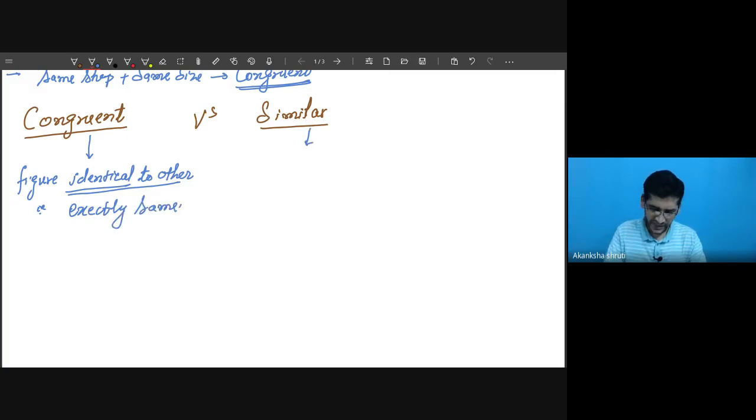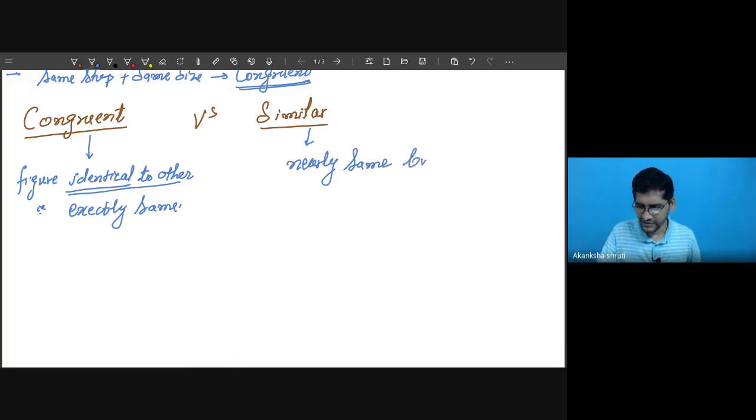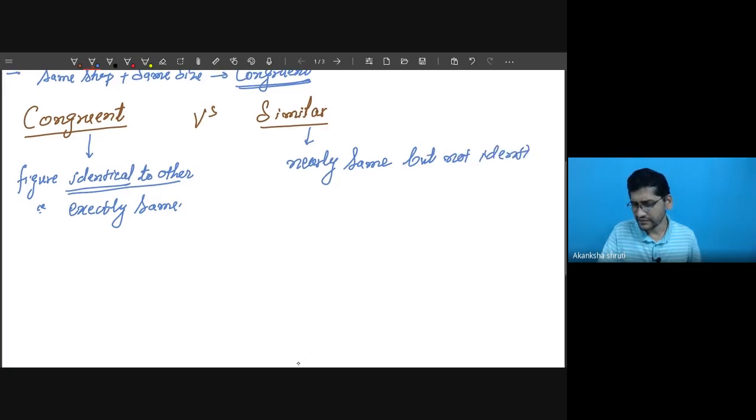But many a time we observe that the things are not exactly identical, but they appear in the same shape. So it means it is nearly the same. This nearly doesn't mean identical. Identical means it is exactly the same, which means it must be in the same shape and size.